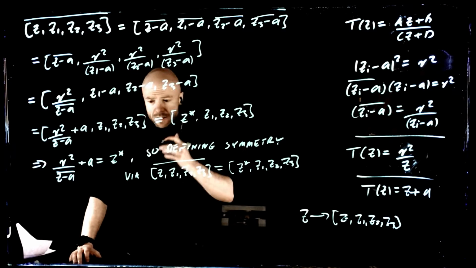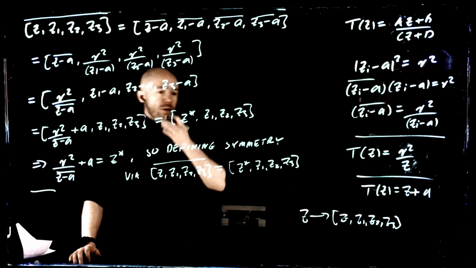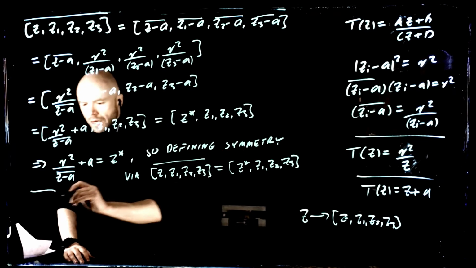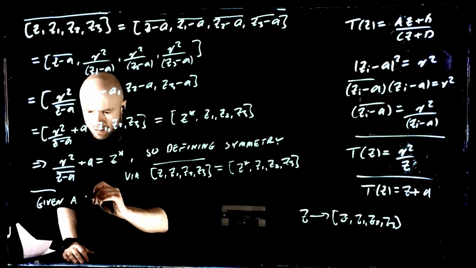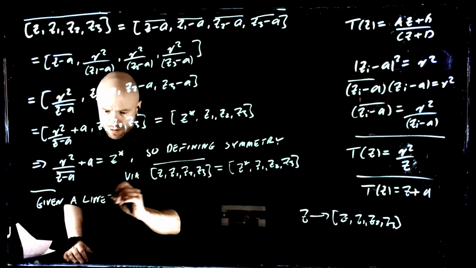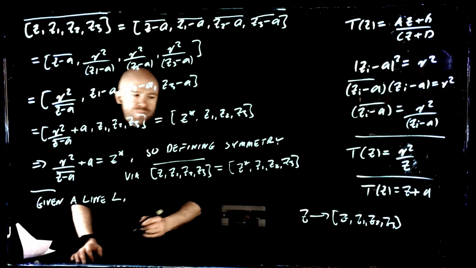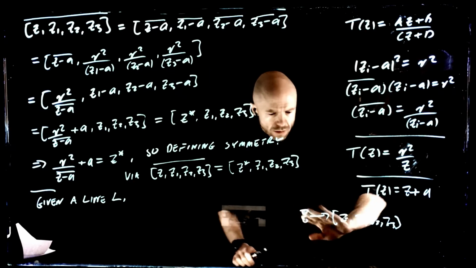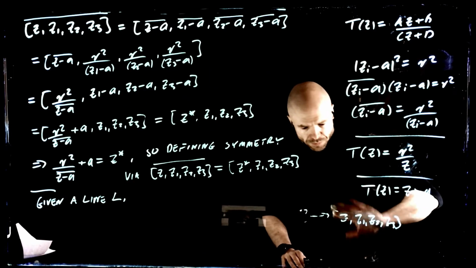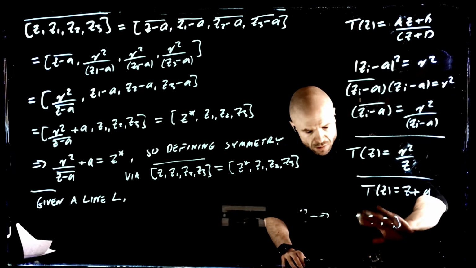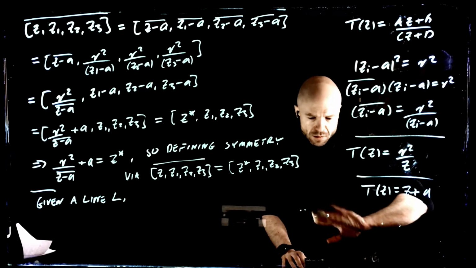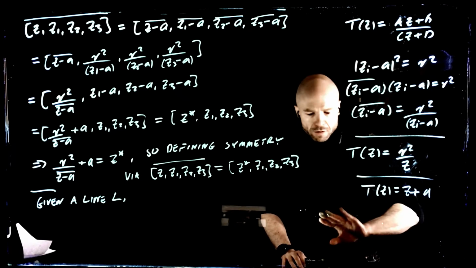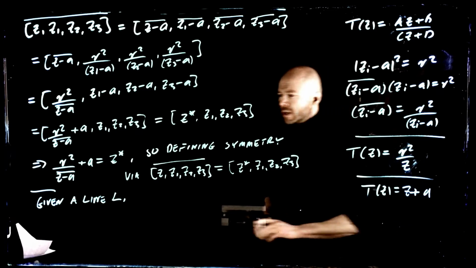Now we're going to do this for a line. So given a line L, let us make a smart choice of points Z1, Z2, Z3 on the line.